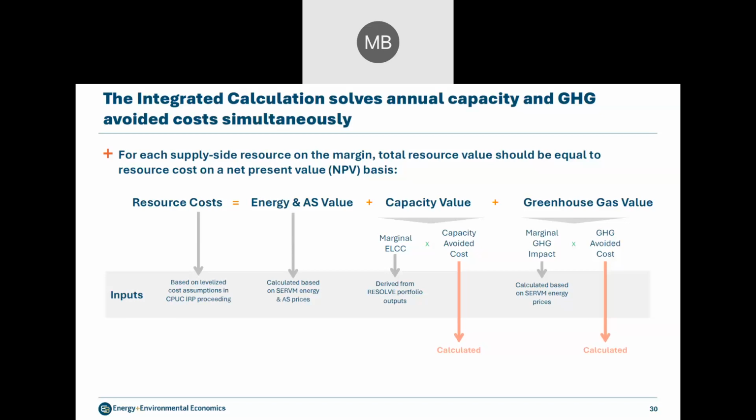So for us, the floor of the GHG avoided cost is set to be the same as the carbon trade allowance price under CARB's carbon trade program. And then the floor of the capacity avoided cost is set to be the O&M cost of maintaining existing gas plants. So without these floors, the avoided cost could be lower.